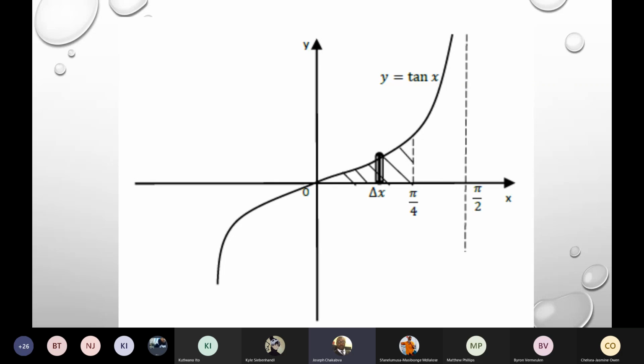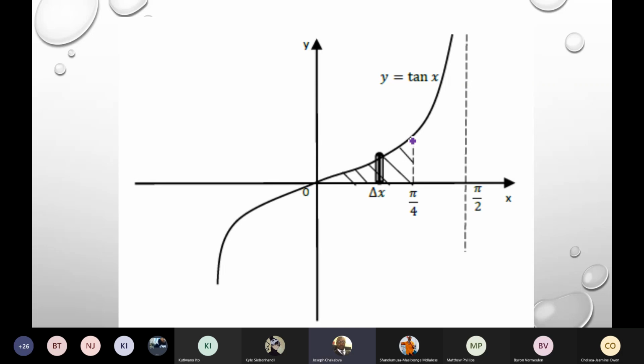You can see my sketch for y is equal to tan x. And then you can see where my area is. They told me between y is 0 and x is pi over 4. So that's my area there. And then you can see my representative strip is there as well. So I've answered that first part.